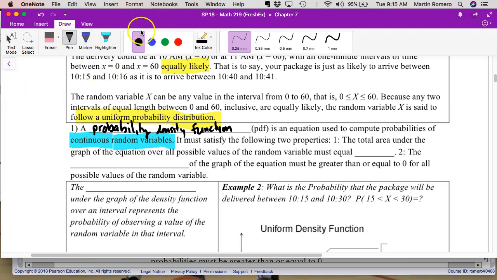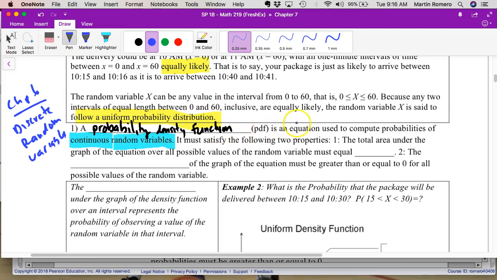It's important to maybe remember that in chapter 6 we used discrete. So take a minute to remember what that means. Retrieve that from your memory. What does that mean? Discrete random variables. That was chapter 6. Now we're in chapter 7. We're going to be looking at continuous random variables.